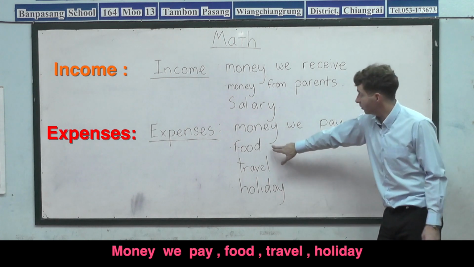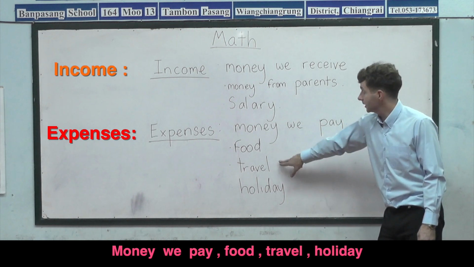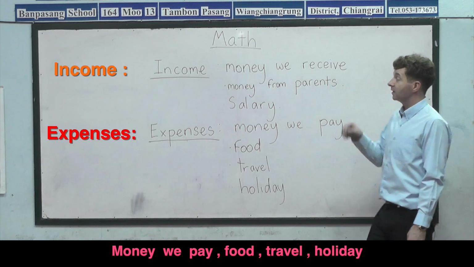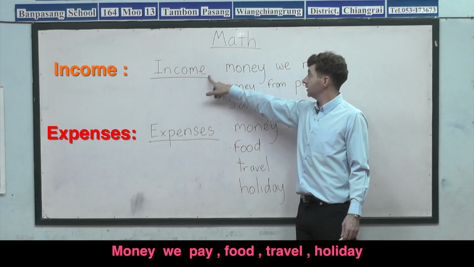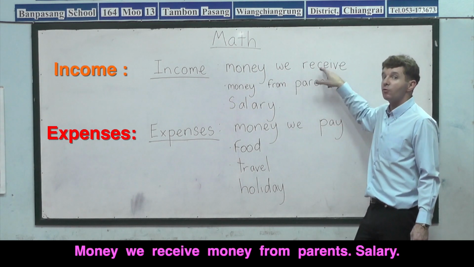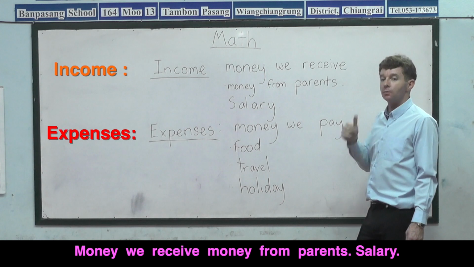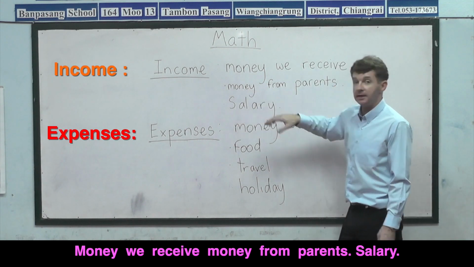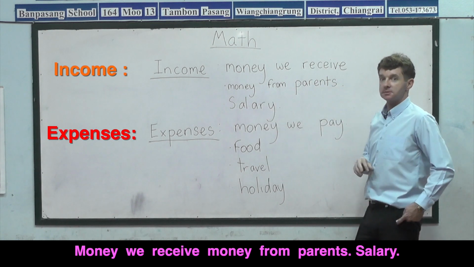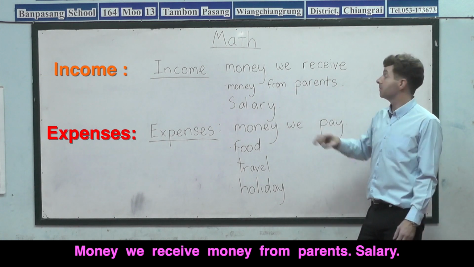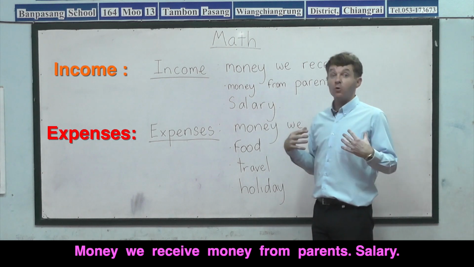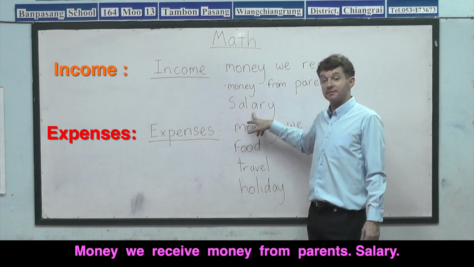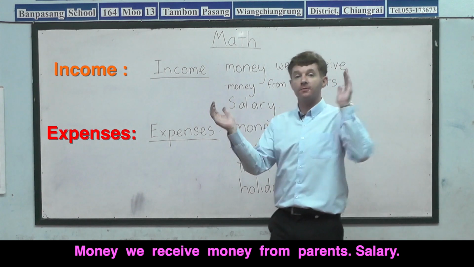For example, food, travel, and holidays. And income, money we receive. For example, you guys might get money from parents. And people who have jobs, such as teachers, we will receive a salary. Excellent, guys. Well done.